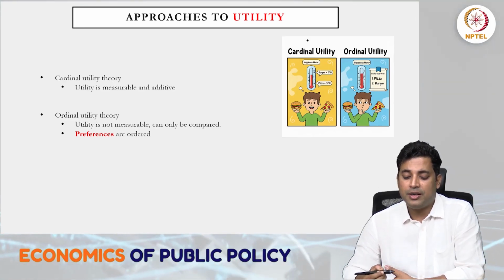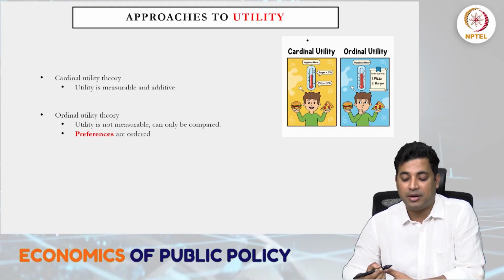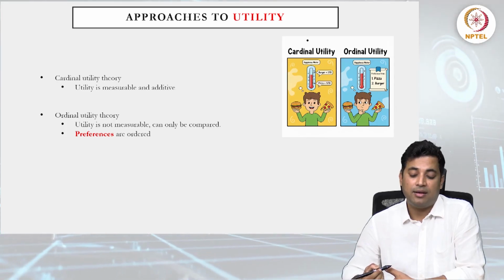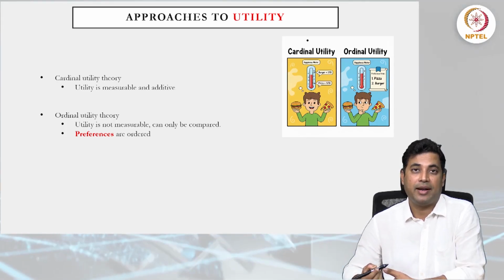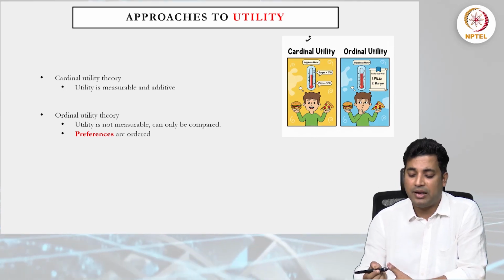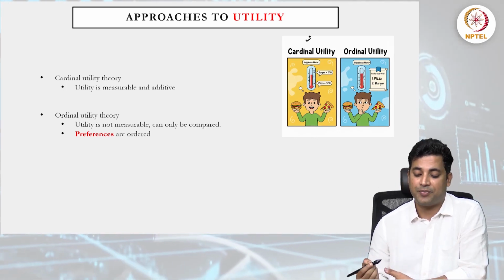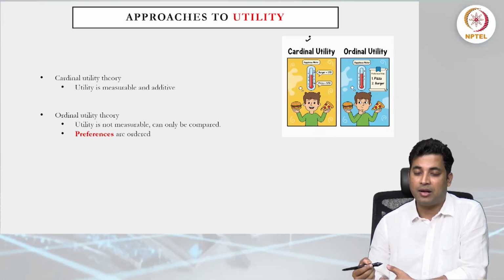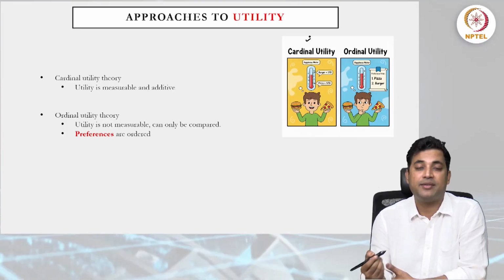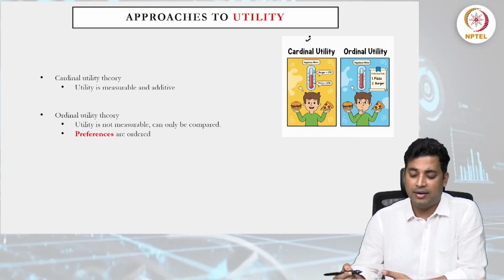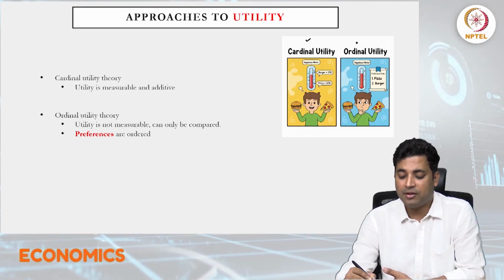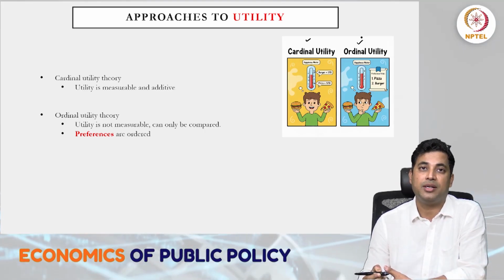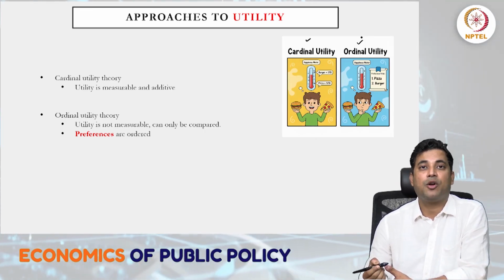The utility that I derive from the burger is given as 7 points out of 10, and in the case of pizza, 9 points out of 10. This left-hand photograph clearly states that I have better utility if I consume pizza, because of the points given, 9 and 7. On the other hand, this is where the cardinalist approach to utility is criticized, that utility cannot be measured.